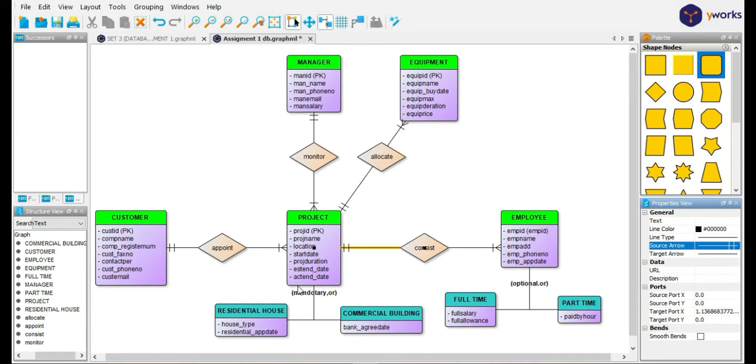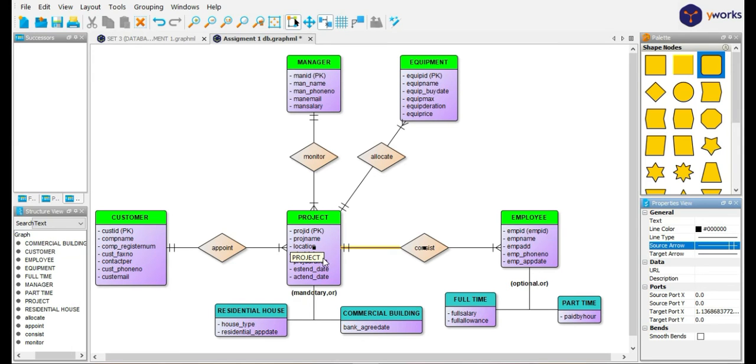Next, a customer of Pick and Shovels can be appointed to more than one project, that is 1 to many projects. And for each project, one project can be appointed to one customer.